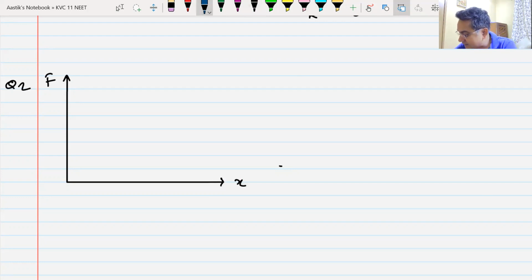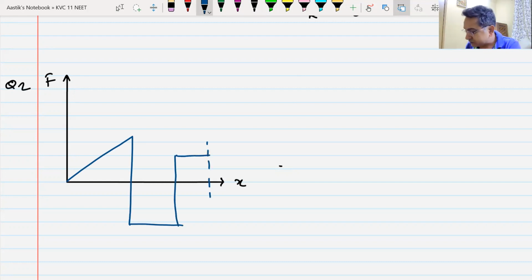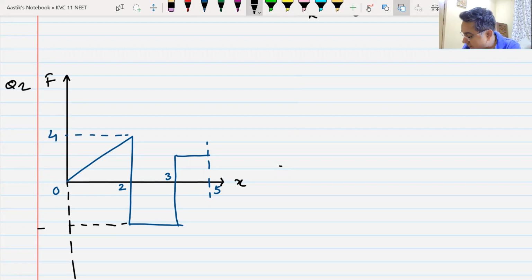The graph goes like this, comes here, goes up again, and comes back. This is 0 in terms of distance. This is 2, this is 3, and this is 5. This one is, let us say, 4, and on this side it is, let us say, -2.